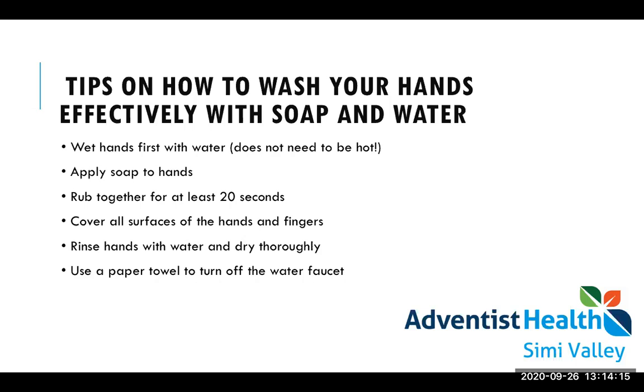You rub your palms together, you interlace fingers. Then you put your right hand over the back of your left hand, and then reverse that. You wrap your right hand around your left wrist and rub around in a circle to rub the wrist, and then reverse that with the other side.